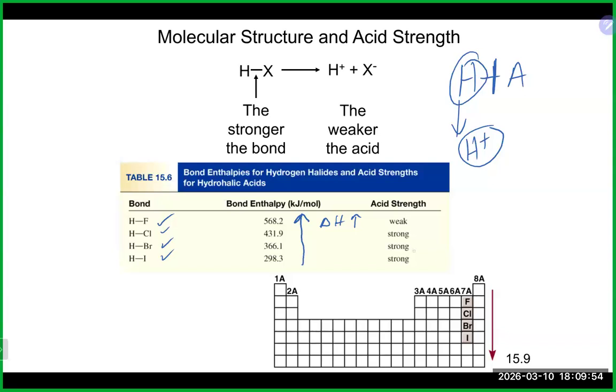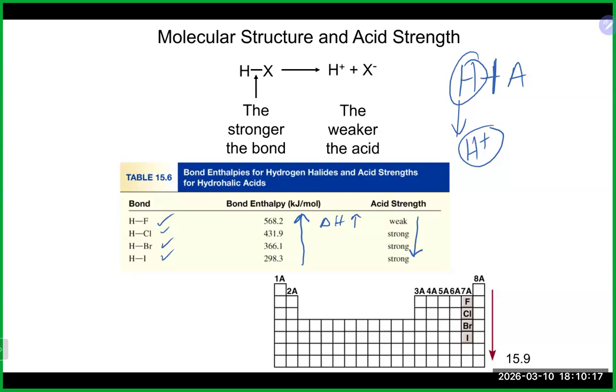So in terms of strength, acid strength in group 7 actually increases as you go down the group, because the bond energy decreases as you go down the group, and that's going to allow that H plus to come off much easier, making it a much stronger acid. That's why hydroiodic acid is a stronger acid than hydrobromic acid, which is a stronger acid than hydrochloric acid.